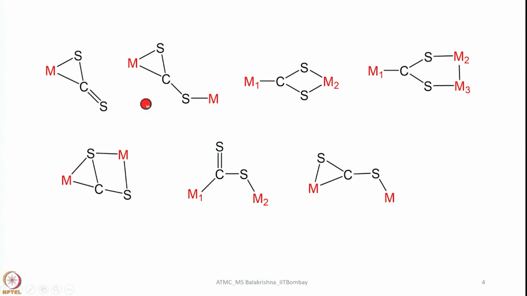Then it can also bridge two metal centers in this fashion, eta 2 and mu, and it can also show this kind of coordination, where you can also come across a trimetallic system in this way, or something like this or this or this one. So, these are some of the standard and well known coordination modes or binding modes of carbon disulfide.